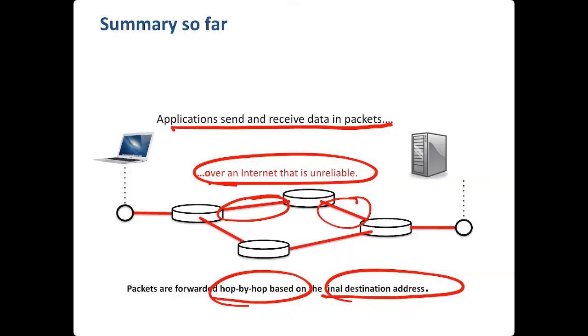And then when an IP packet comes, it is enveloped into something else, which is a larger packet corresponding to that link. The link may be, for example, Ethernet.